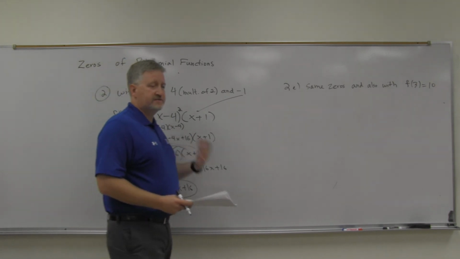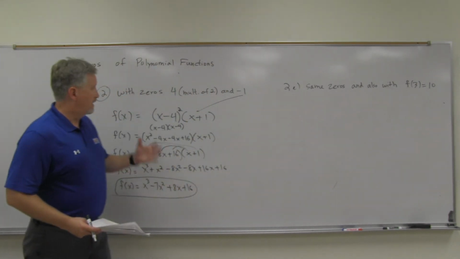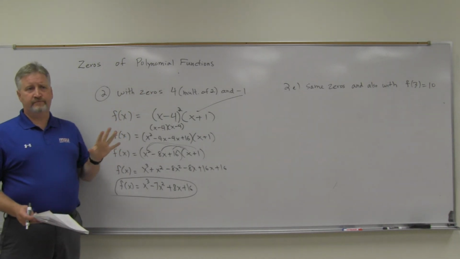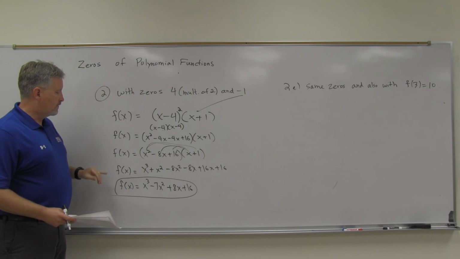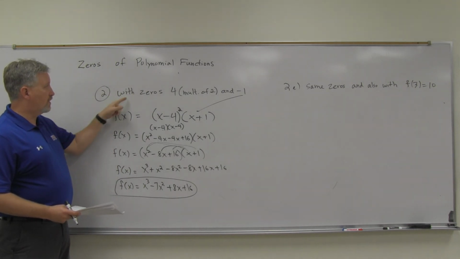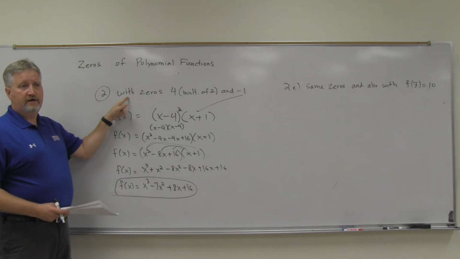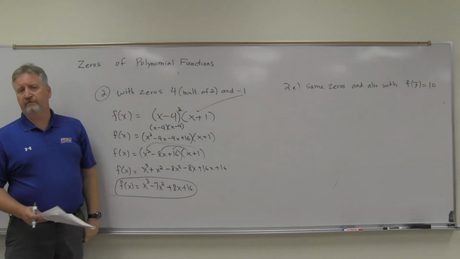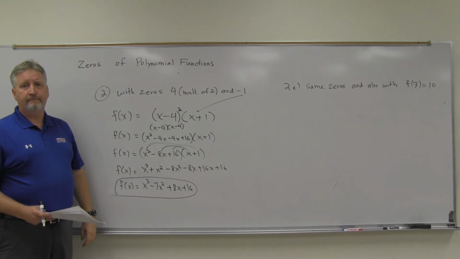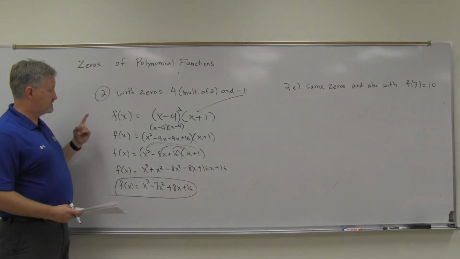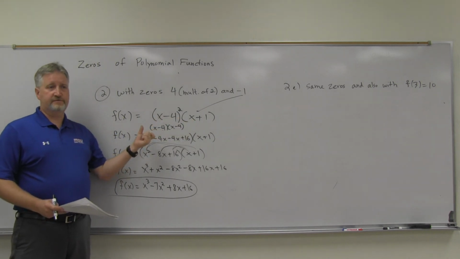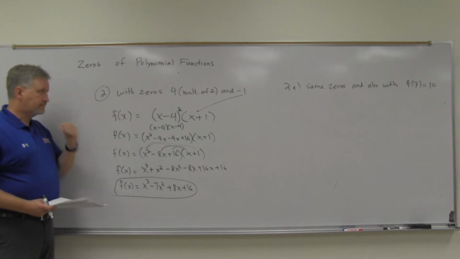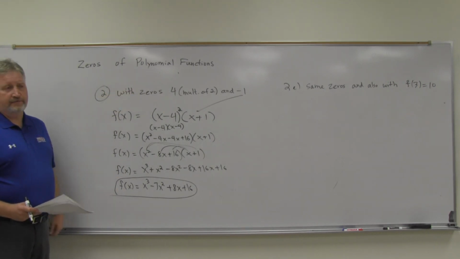Well, on the previous two, on this one and then number 1, I didn't have any other stipulation. So really, if you think about it, this is just one possibility of having zeros 4 with multiplicity 2 and negative 1. As long as I have those two factors, and that one squared, we've got this thing with those zeros.